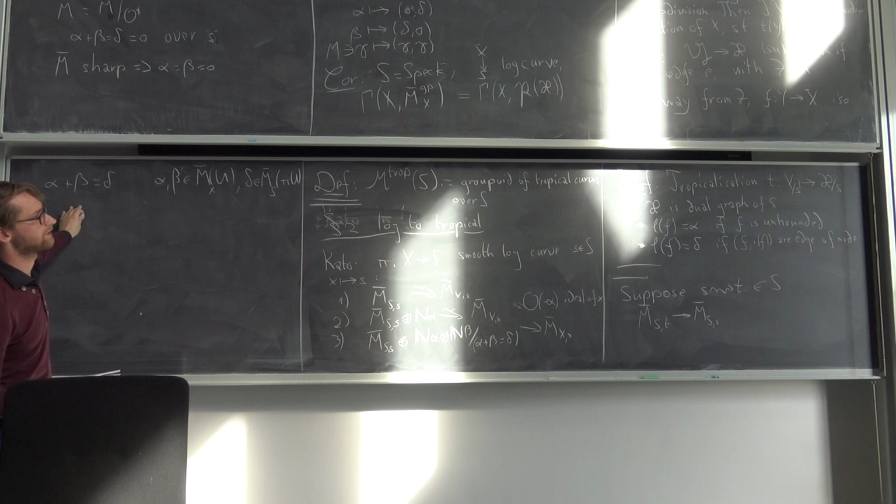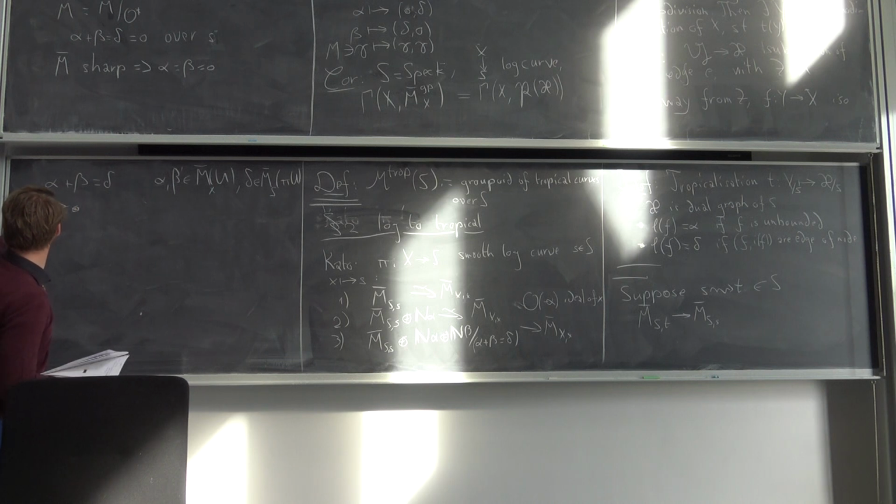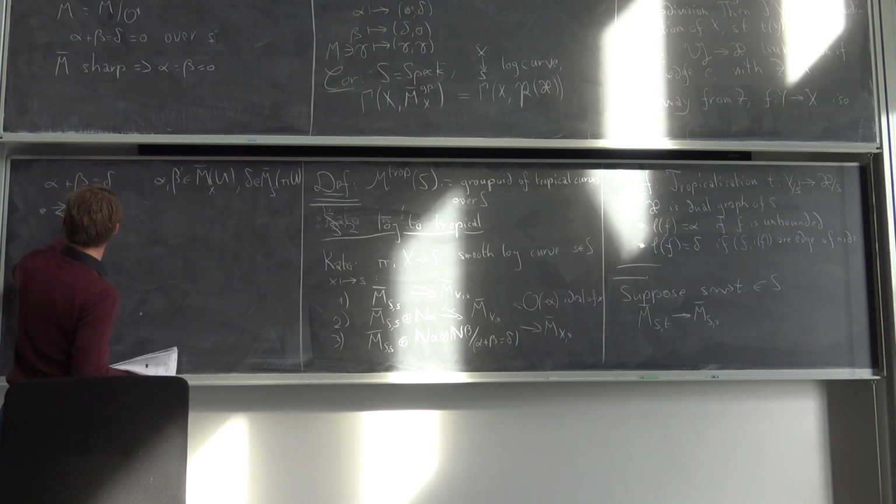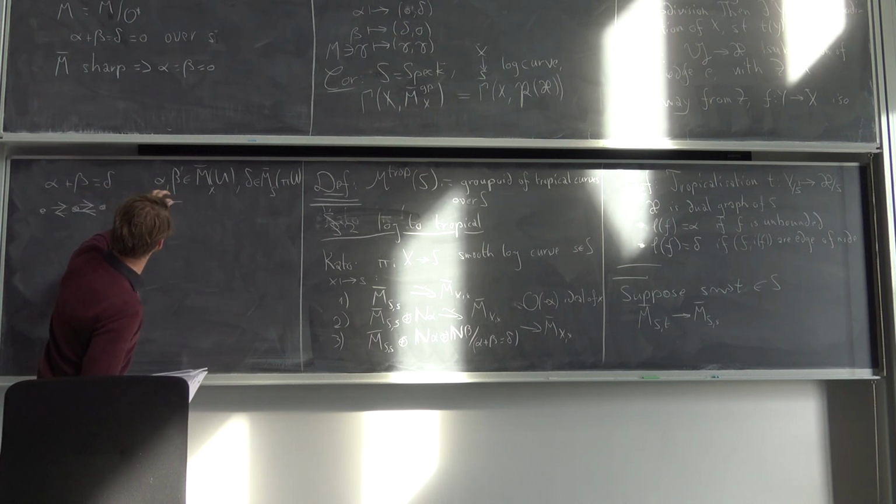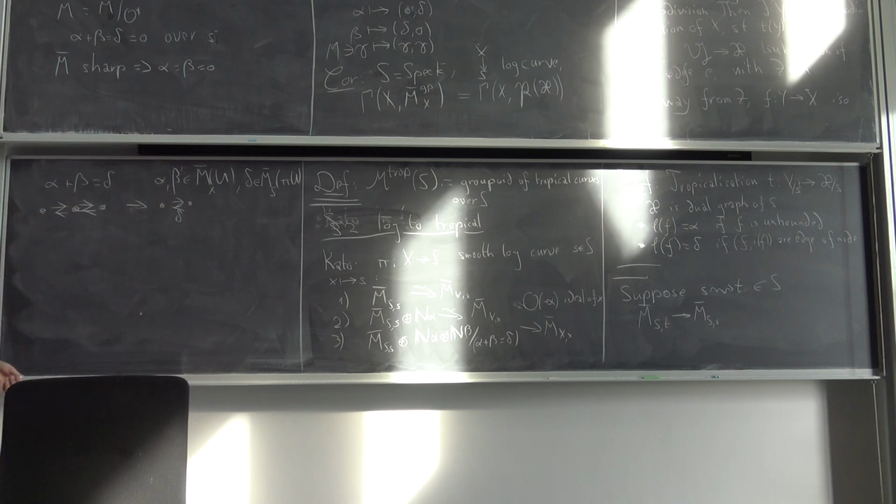And the subdivision means that we have this map. So we had a delta, and we're going to divide it into two parts. So let's say gamma and delta minus gamma.